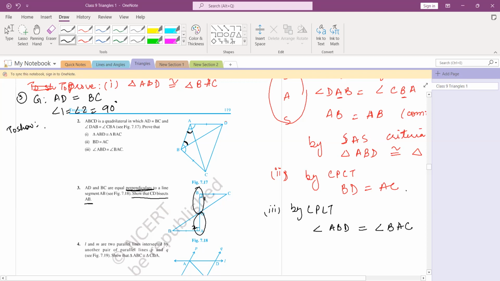So we have to show that OA is equal to OB. Clear? Yes, ma'am. Okay. So to understand the question is important. I'm just naming these angle 1, this angle 2. Okay, let's start. So we look at these two small triangles now.